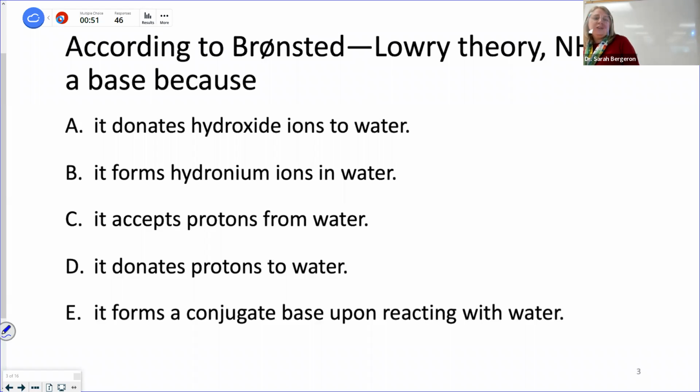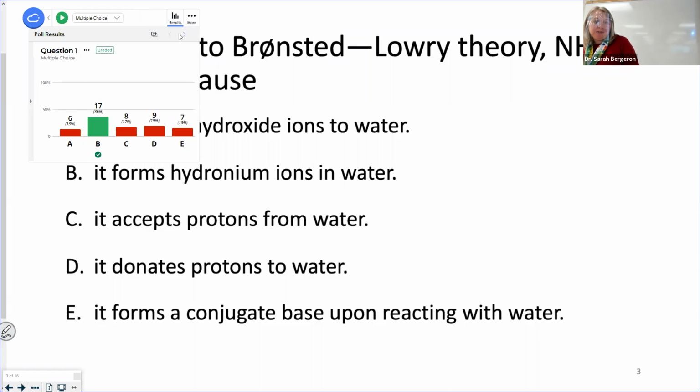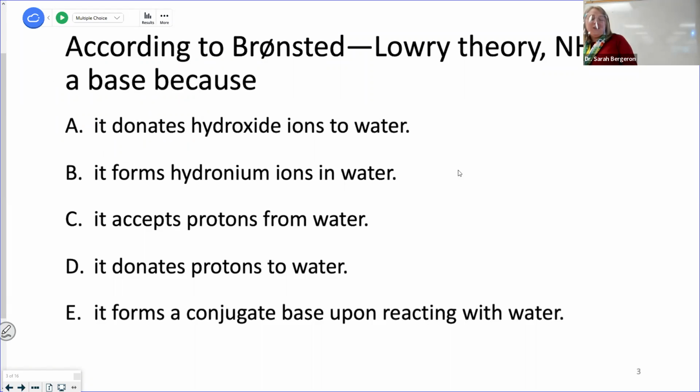Okay, so what did we say? Good, good. Oh, and we went up, awesome. Okay, so if I were to take NH3 and put it into water, what would happen?